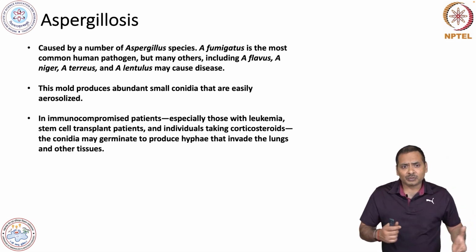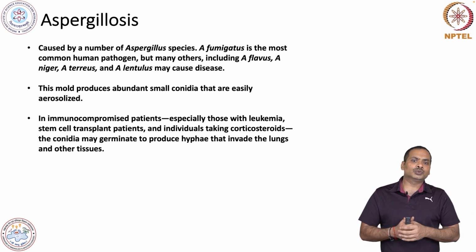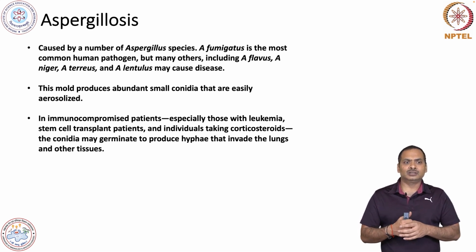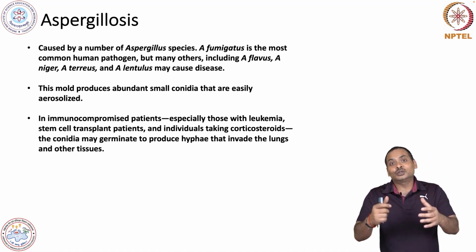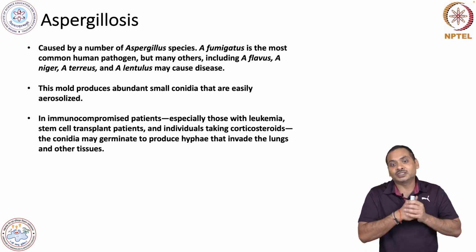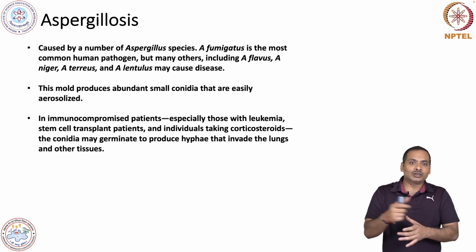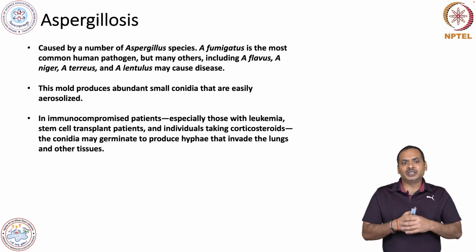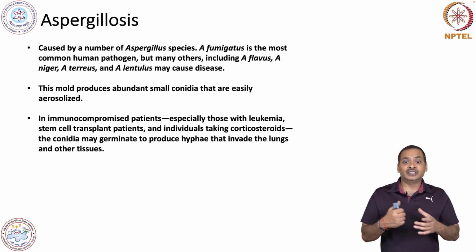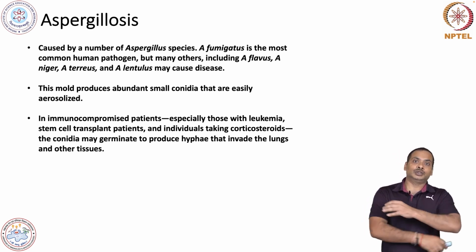In immunocompromised patients, especially those with leukemia, the blood cancer, or stem cell transplant patients, or individuals taking corticosteroids, a immunosuppressive drug, the conidia may germinate to produce hyphae that invade the lung and other tissues.